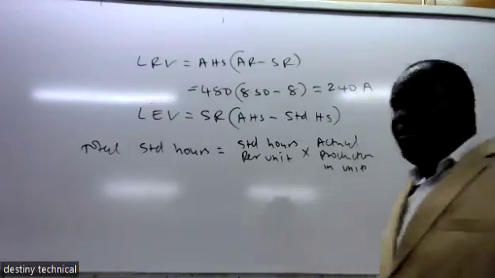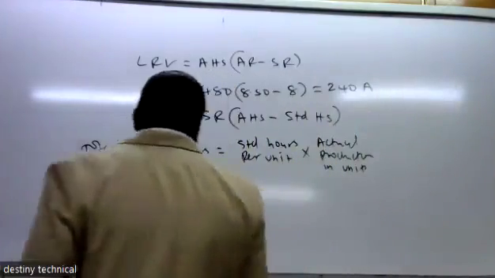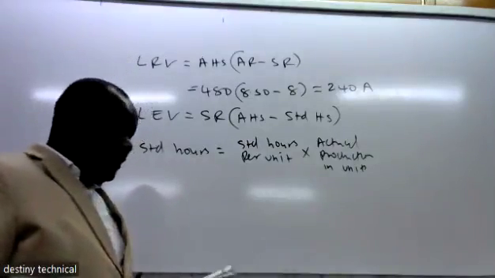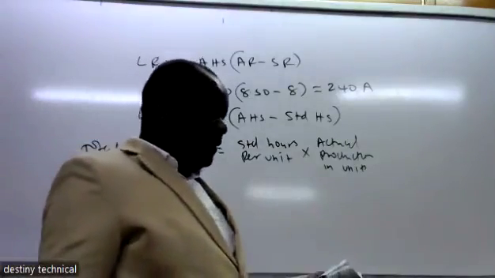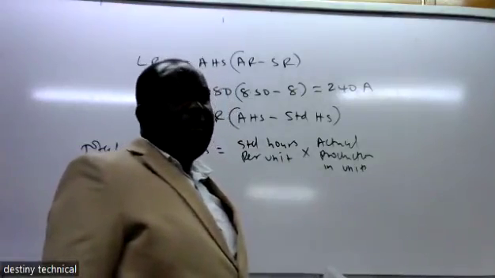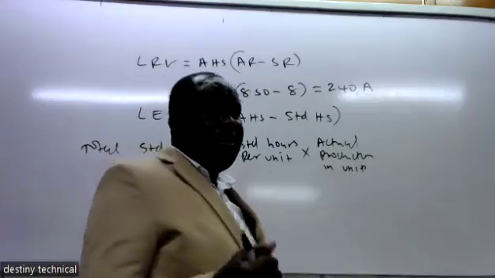But the question did not give us the standard hours per unit because they say that 25 hours is for 100 units. You see in brackets. So you want to get the hours per unit.